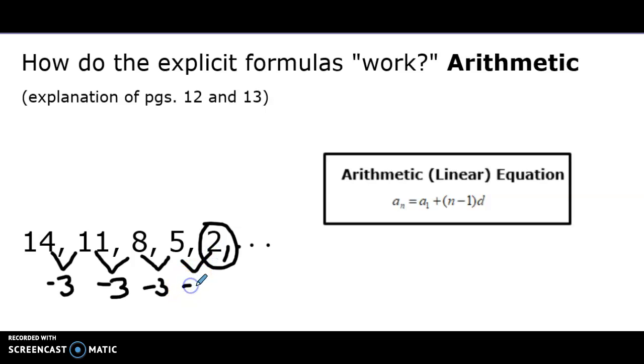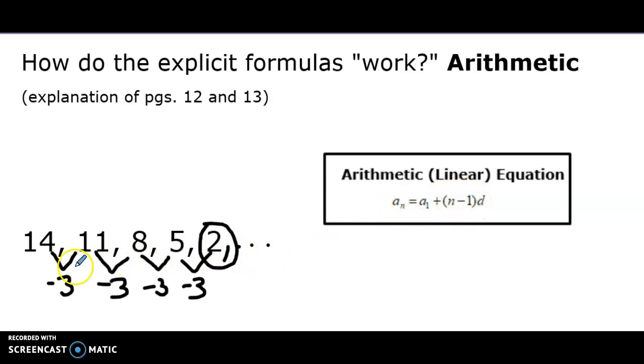So look, for the fifth term, term number 5, 1, 2, 3, 4, 5, how many times did I have to take the difference? 4 times. So there's 5 terms, and the difference is going to show itself 4 times, or 1 less than 5. So to find the fifth term, I need to find n minus 1 differences.